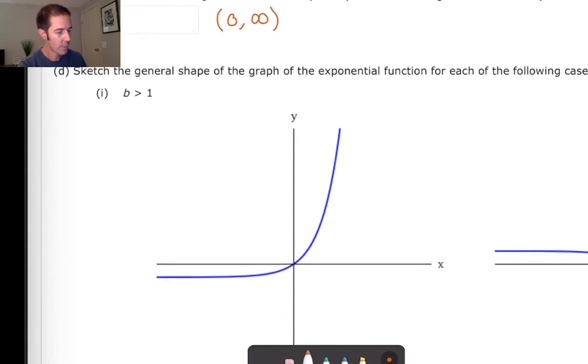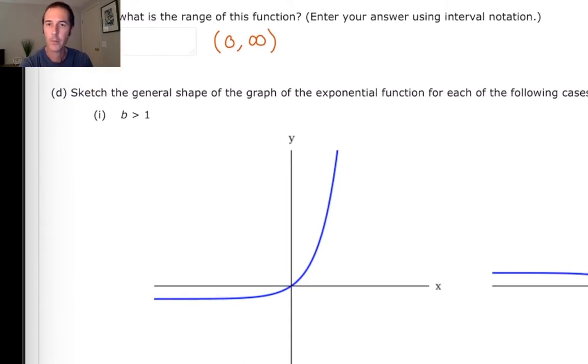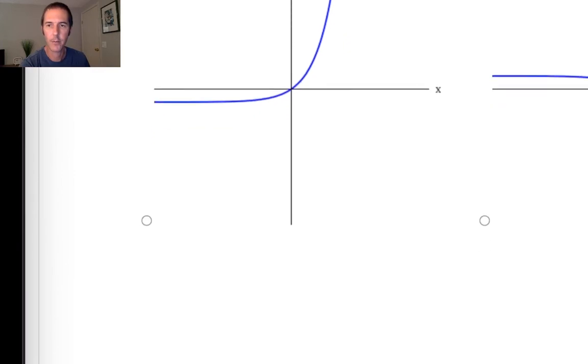Sketch the general shape of the graph of the exponential function for each of the following cases. So if your b value is greater than 1, and you could toggle back over to the ebook, which I'm not going to do because it's not playing nice, I'm going to leave it up to you to do that. You should go check out the shape of the exponential graph for a b value that's positive.